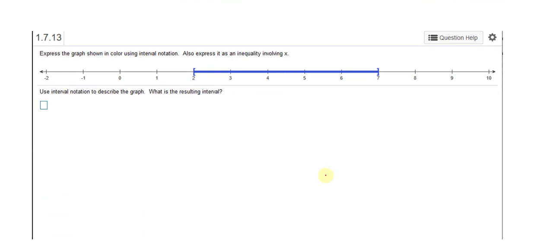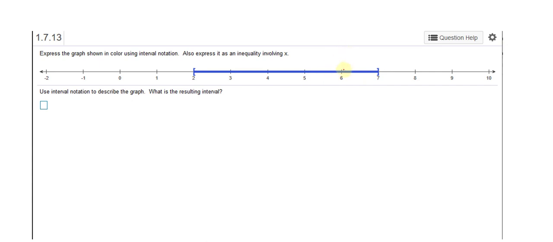Okay, the next question. You are given the solution to the inequality. Now they ask you to use the interval notation to describe the graph. Here we are using the square bracket.